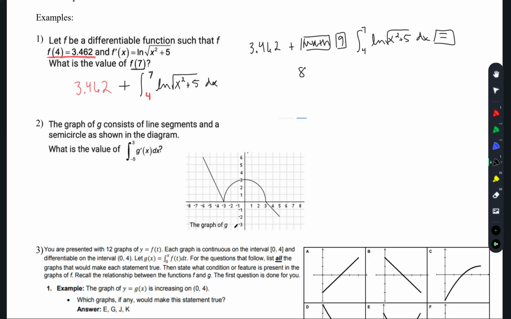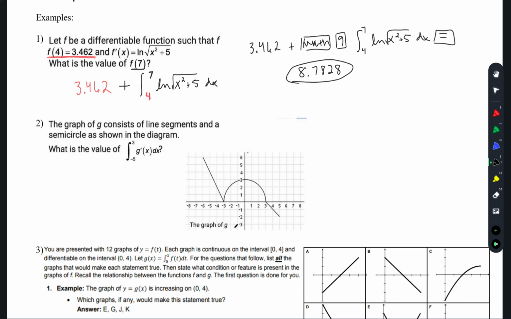So you should get 8.7828. Yep. For your answer. So remember, when you're integrating, it's math 9. Derivative was math 8. So integrating is math 9.